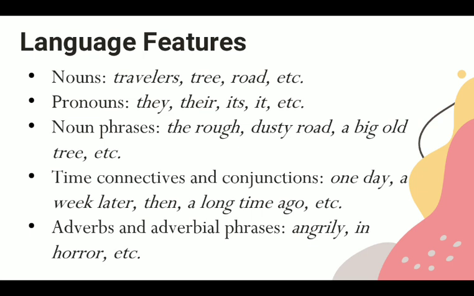The next one is language features. There are some language features that used in this short stories or narrative text. The first is, this text usually absolutely use nouns because it tells about something.